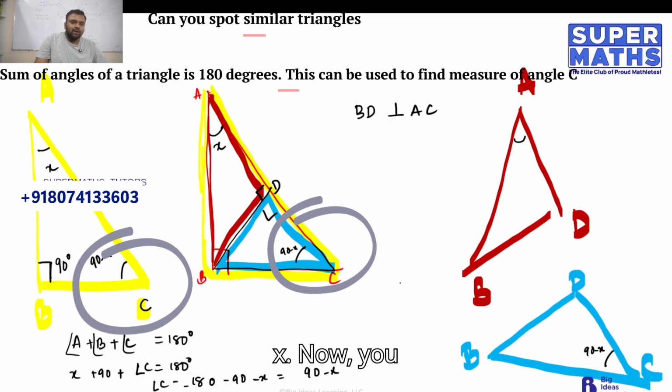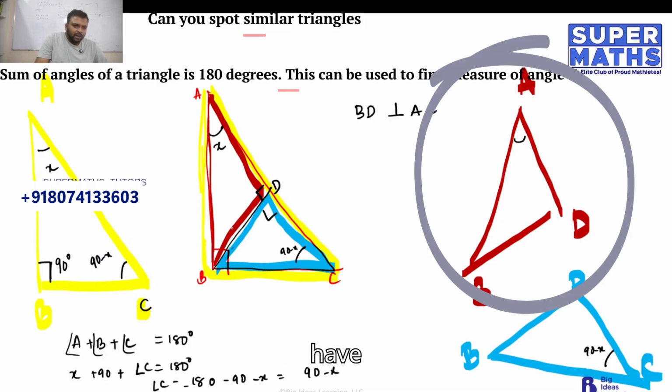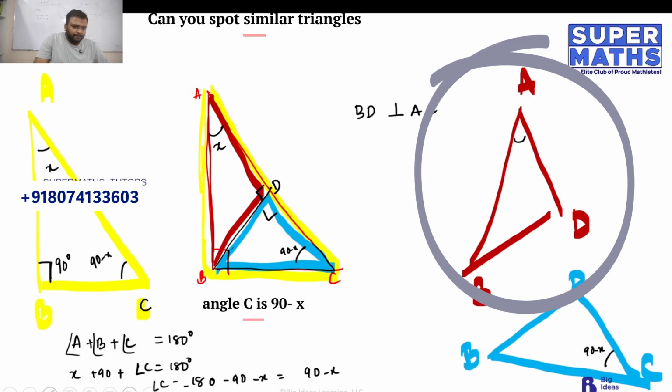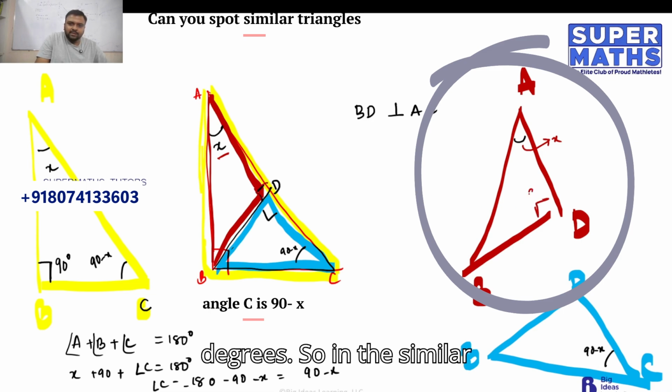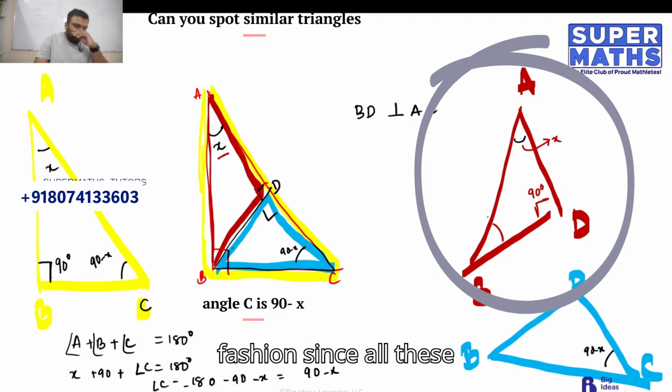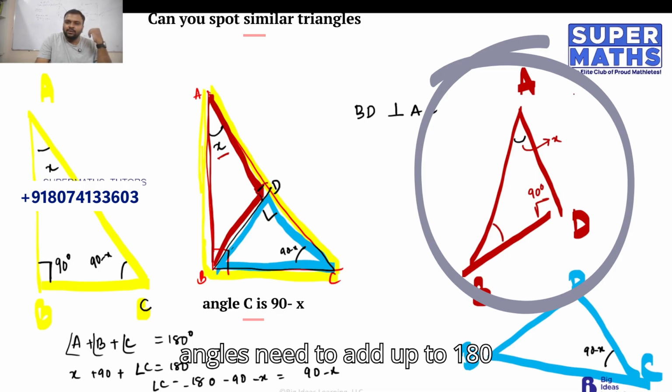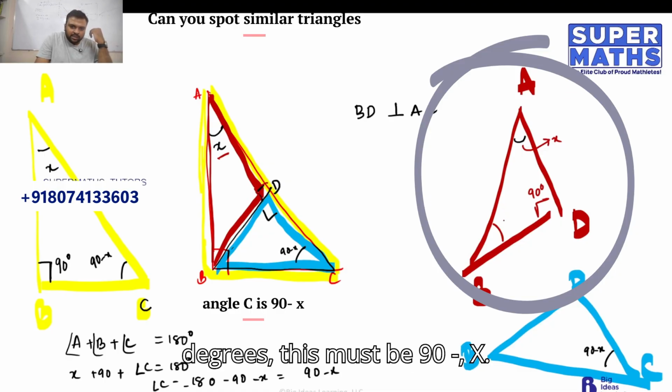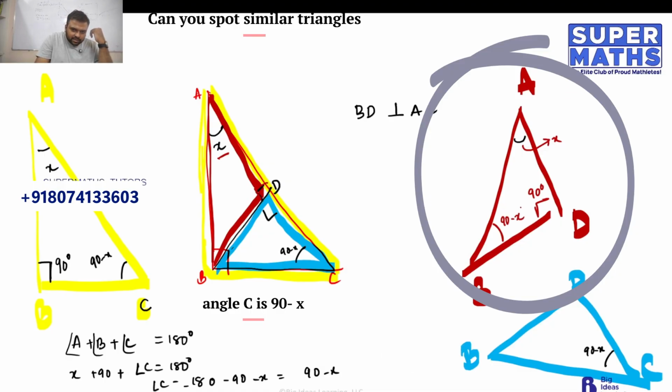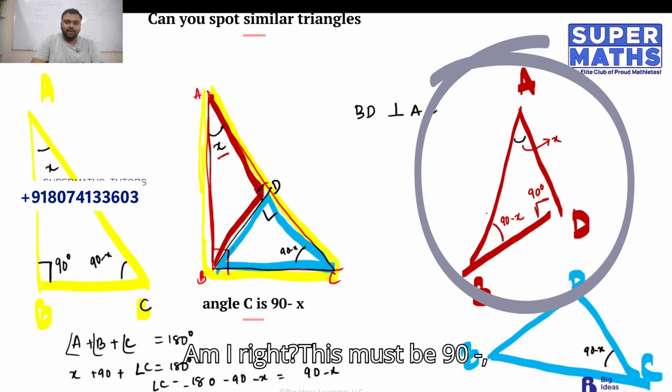Okay, now you have triangle ABD in which this is X and this angle D is 90 degrees. So in a similar fashion, since all these angles need to add up to 180 degrees, this must be 90 minus X. Okay, am I right?